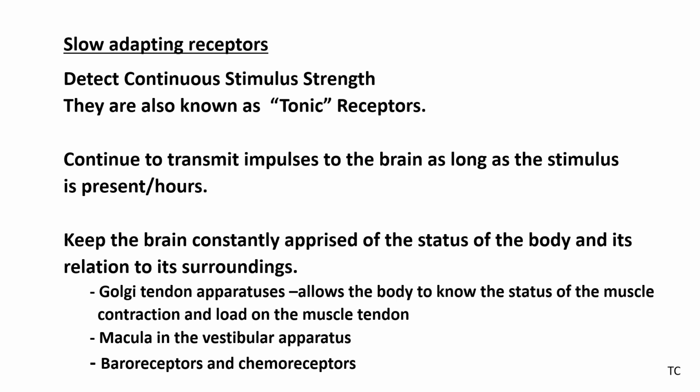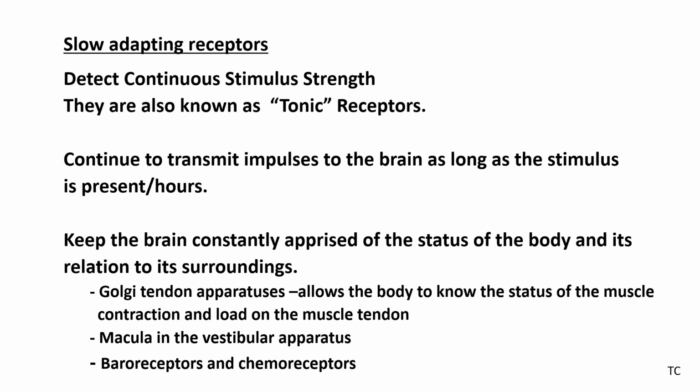Now, I hope I've covered most of what I had planned to do. In this lecture, what I had planned to do was to introduce to you the various types of sensations and also the types of receptors and their adequate stimulus, and very briefly talk about the mechanism of generation of receptor potential, and we used the Pacinian corpuscle to illustrate the mechanism.